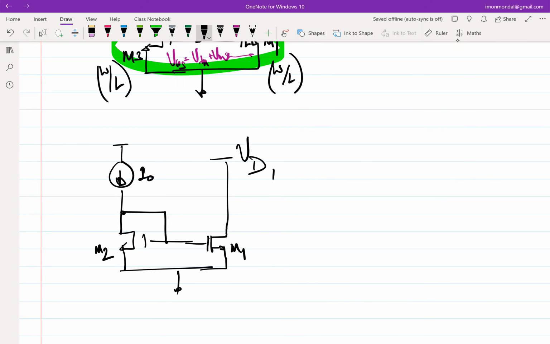We are all on the same page. So what is the effect of channel length modulation? If VD1 goes up or down, the current through this stack will change a bit, not drastically, because this is a very second order effect. It will change by a small, incremental amount with respect to the quiescent.